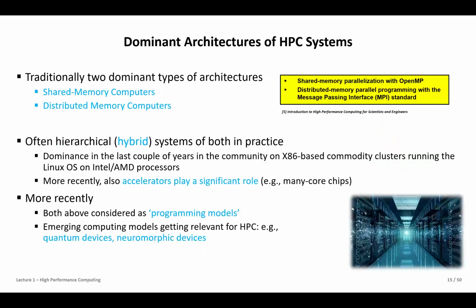Now, when you see how we integrate this into the machines, this is not directly only CPU oriented. It's also oriented on how you have access to memory. Hence, we have this idea of distinguishing between shared memory computers and distributed memory computers, because access to memory means speed. That's an important factor.